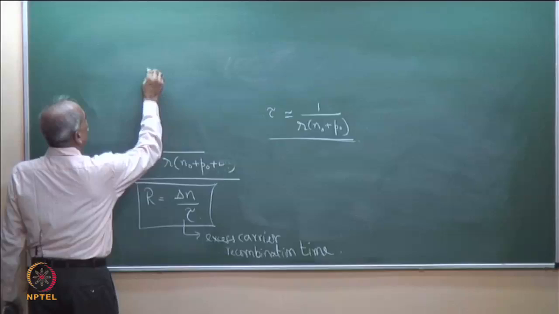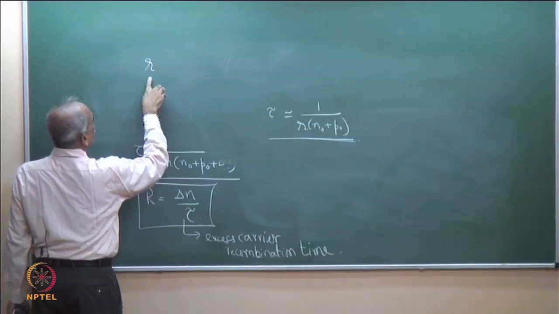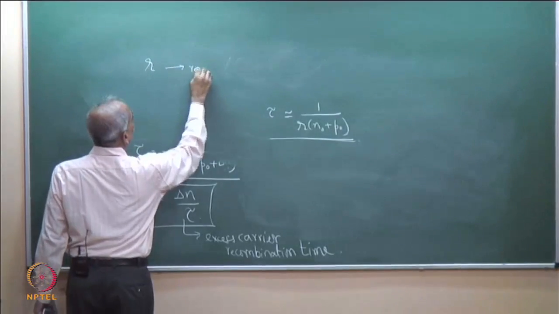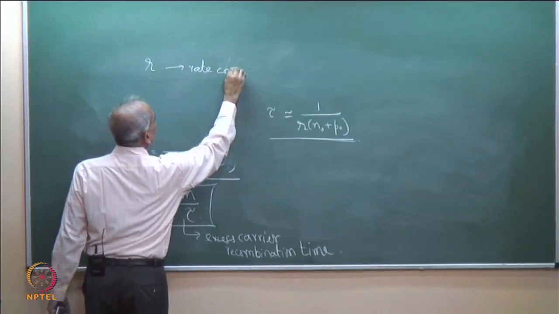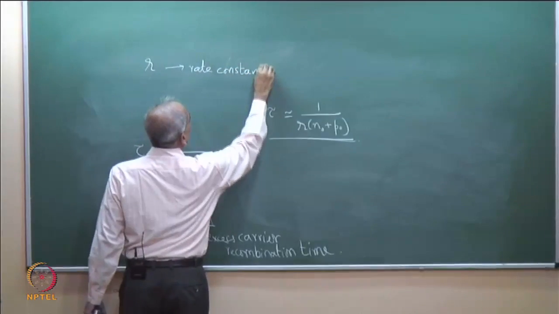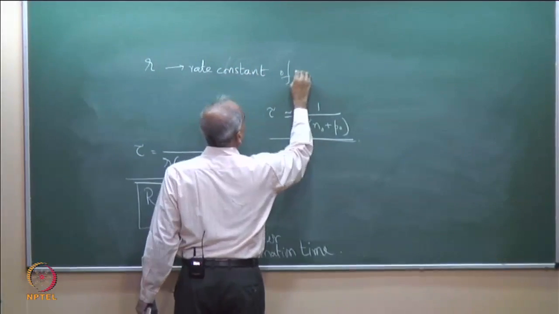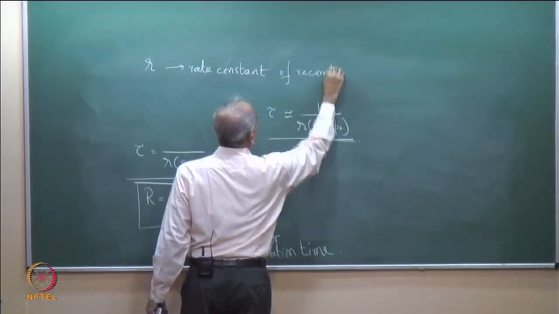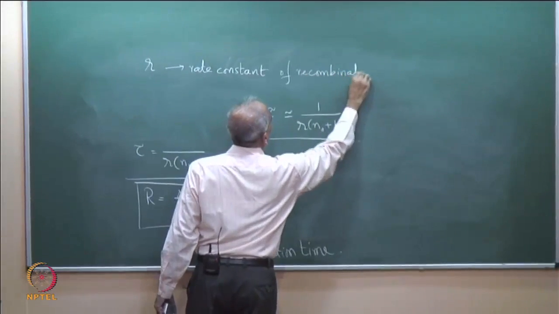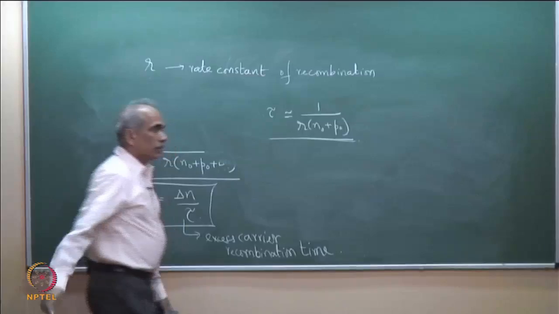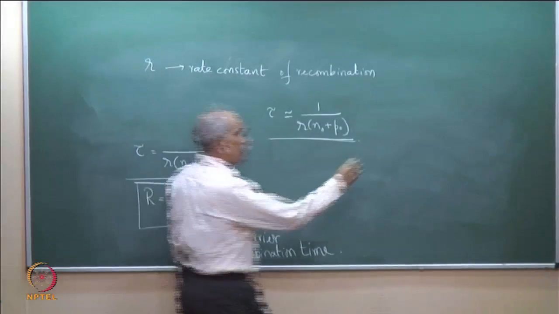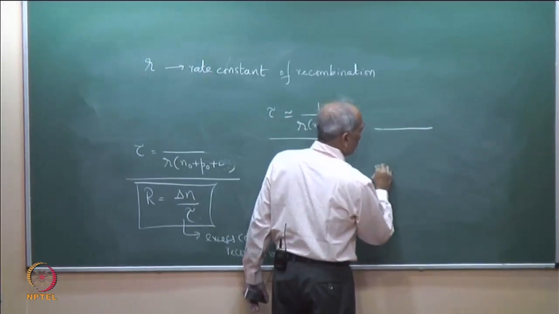Now, R is a rate constant of recombination. There are two types of recombinations possible.